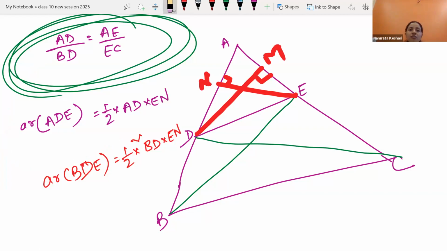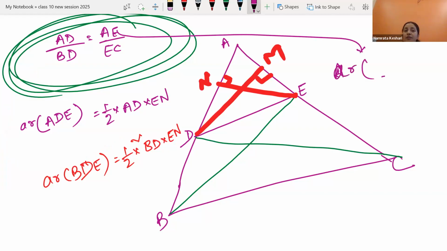Now the next triangle, we want AE. So again we are taking the same triangle ADE, and this time we are taking the base AE: 1 by 2 into base into height. On AE, the height is DM.